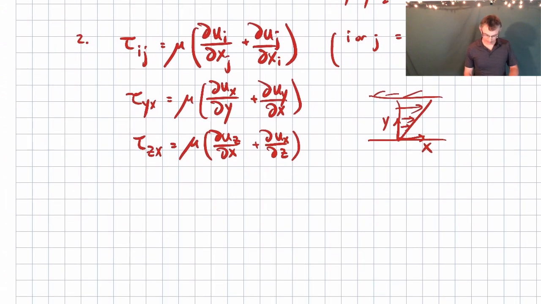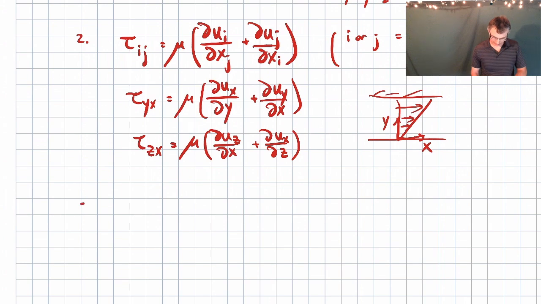And then the very last item that I'll mention is, once we have shear stresses, we can calculate shear forces. And since the shear stress can vary from point to point, it's best to write this in terms of differential quantities. So a little bit of shear force would be like the shear stress times a little bit of area, right?